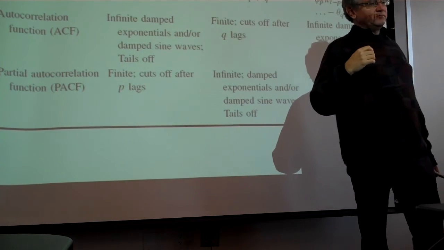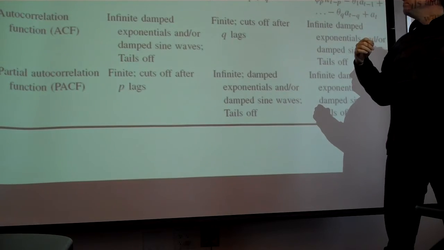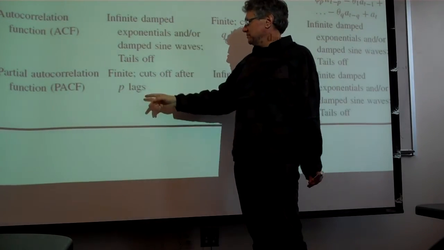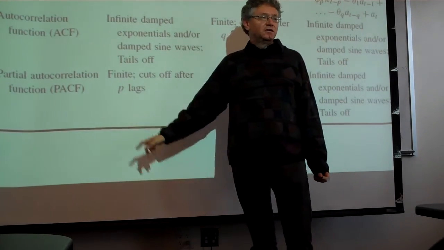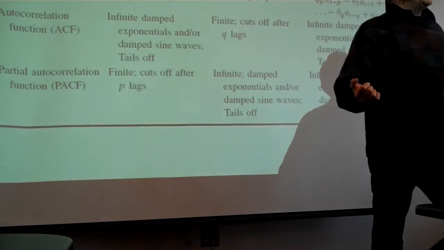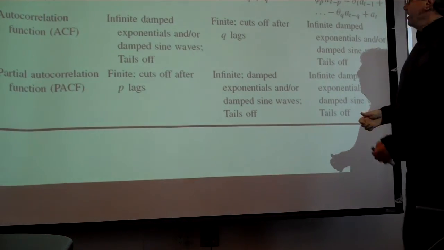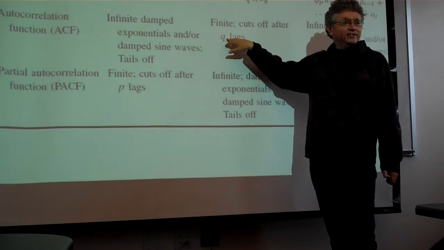And then you use this to say, how many lags do I use, and then ask the computer to fit it for you. Or how many lags do I need to use for the MA model?